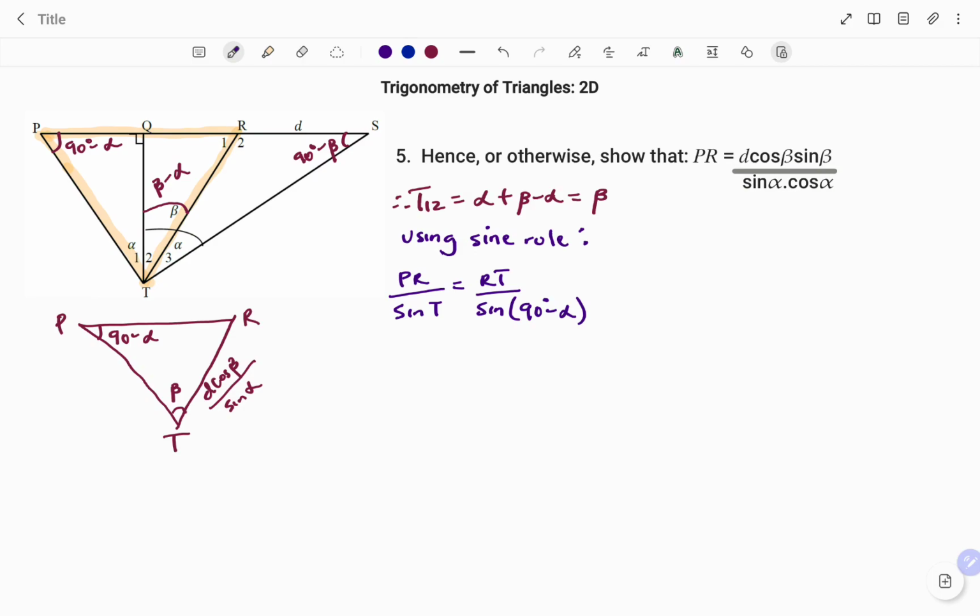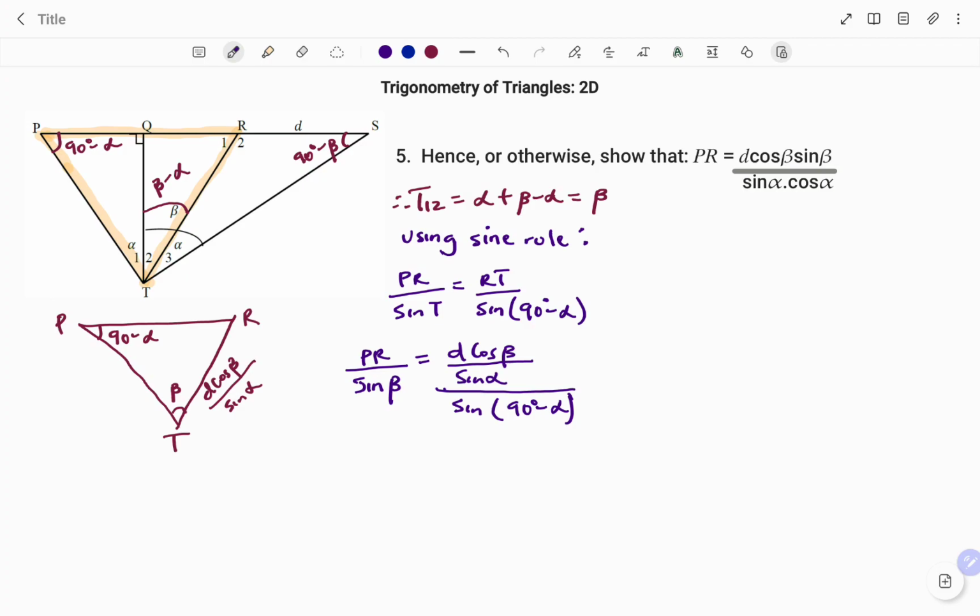So simplifying further, I have the ratio of PR over sine of beta equals RT. RT has been given as D cos beta over sine alpha, as shown in the last part of the question, divided by sine of the angle facing the line RT, that's sine of 90 degrees minus alpha.